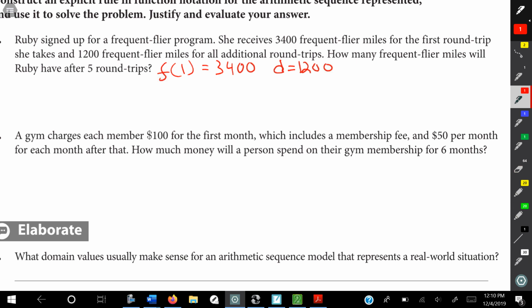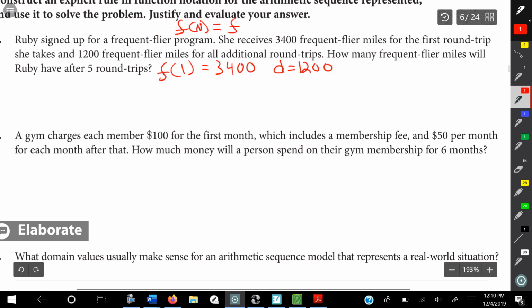All right. So next, what we're going to do is just write our formula here. And remember, it's going to be f of n is equal to f of 1 plus d times n minus 1.